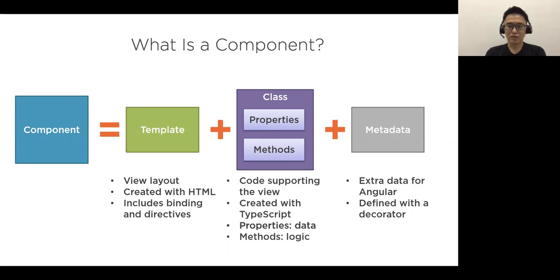It is code to support the view, and it is also written in TypeScript. If you don't know about TypeScript, you're welcome to watch back the previous section. We have one section to introduce TypeScript. Plus some metadata to describe the component. This is called a component.